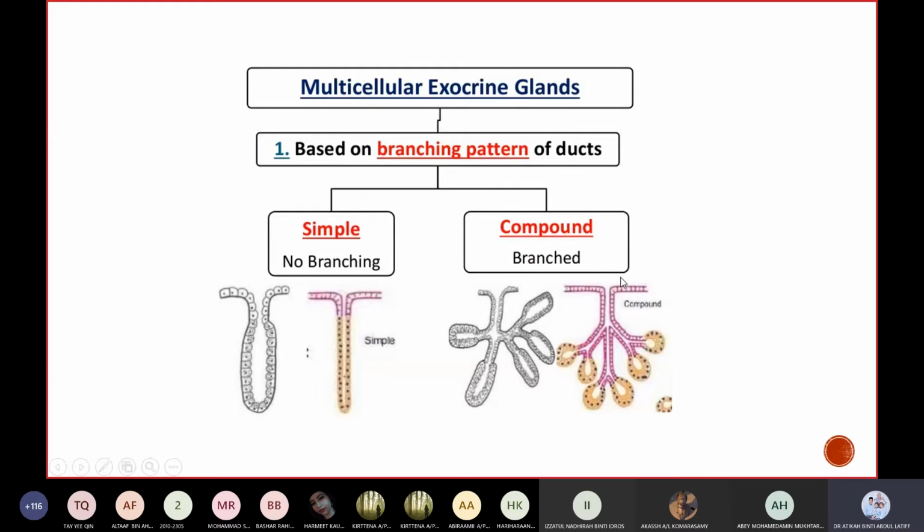Okay, there's a lot of branching. So you can see these yellow areas are the glands, okay, and this is your ducts. Okay, because remember exocrine gland, they have ducts. And for simple, this is the gland and this is the ducts.